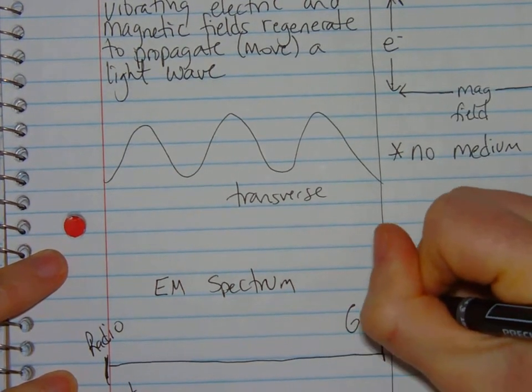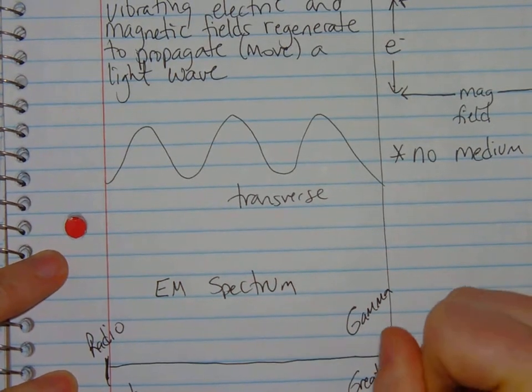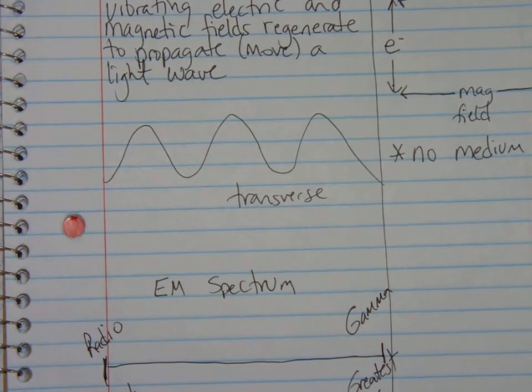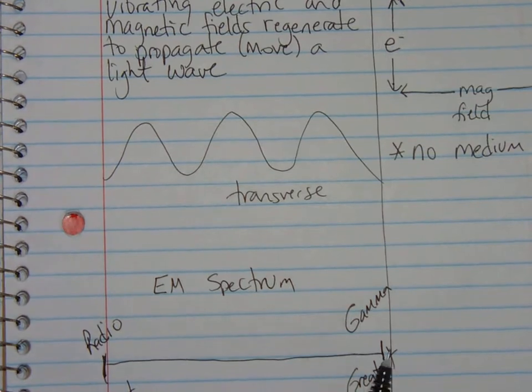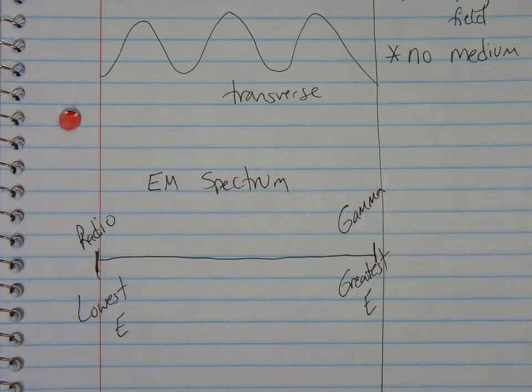The highest energy end, so greatest energy, is gamma waves. Lots of uses here, but for right now, radio waves and gamma waves. Make sure we don't think radio waves are sound waves. Radio waves are what your cell phone communicates with, like the antenna, the signal it's getting, the signal to an FM radio station, something like that.